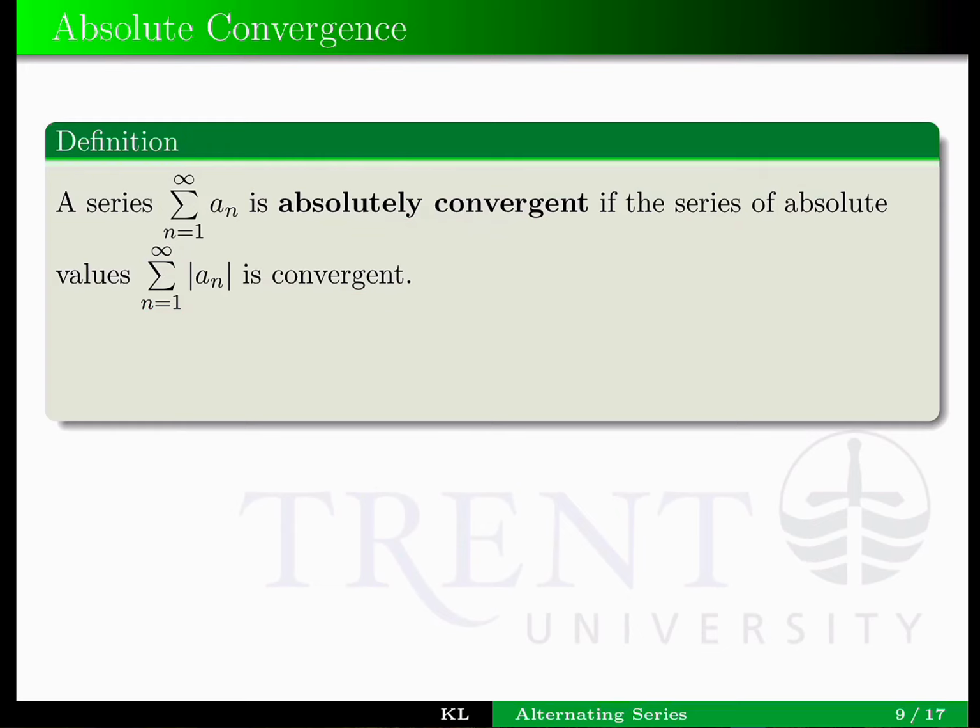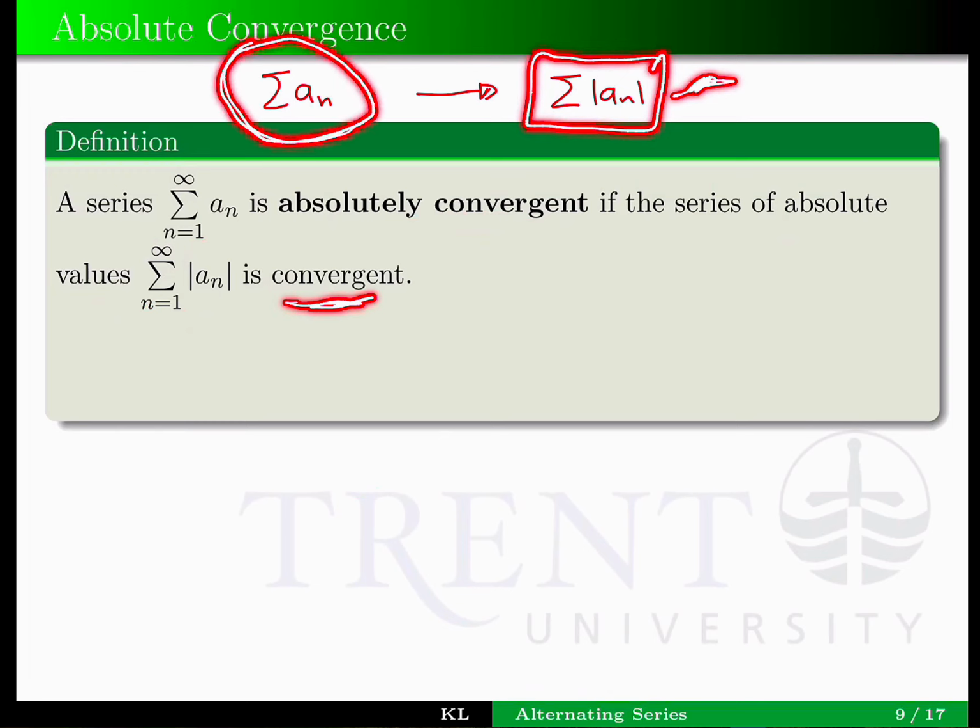So your original series is the sum of an, and then you consider the absolute values of an and add those absolute values. Then you study this series. If this series is convergent, then we say the original series is absolutely convergent.